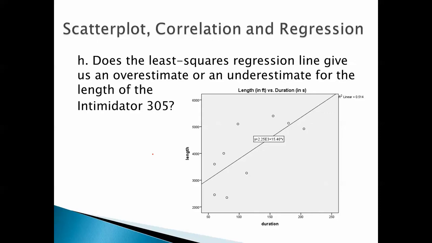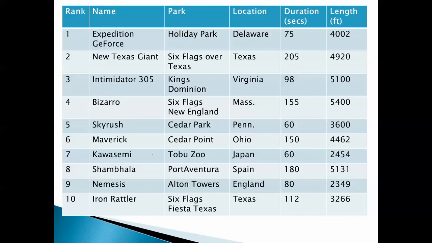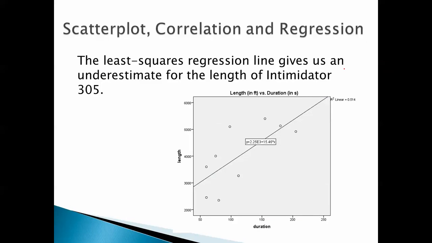Okay, does the least squares regression line give us an overestimate or an underestimate for the length of the Intimidator 305? Now recall the Intimidator 305, that's the one that has duration 98 seconds and length 5,100 feet. Okay, it's number 3.